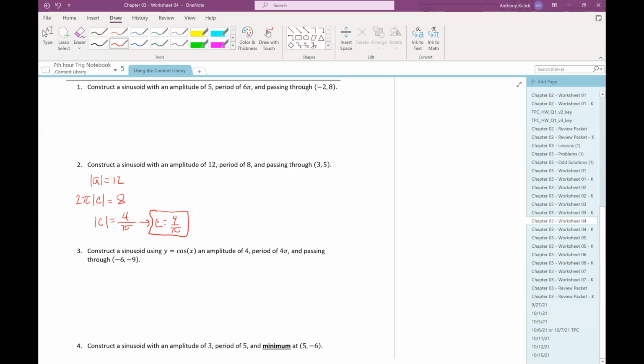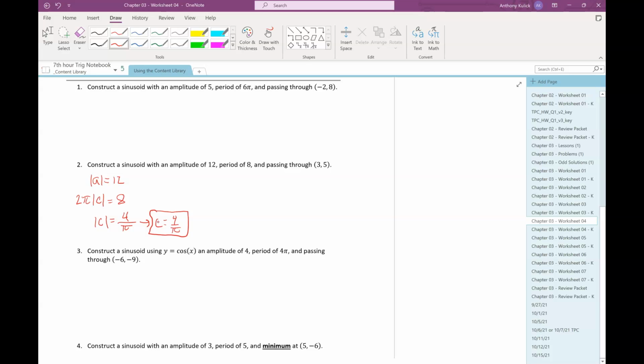Sometimes making C negative could be just as easy, but it's not going to be easier. So I'm just going to always find the answer where C is positive every time. Is that okay? Yeah. And that's preference. It's not like you have to do it that way, but I'd encourage you to do it that way because it tends to make life a little bit simpler.